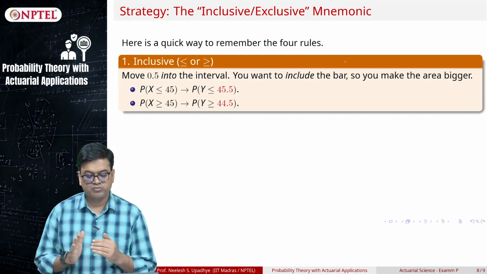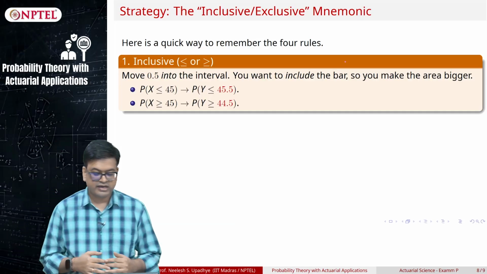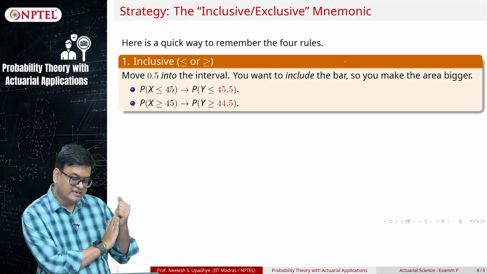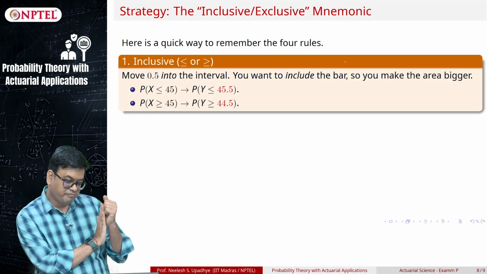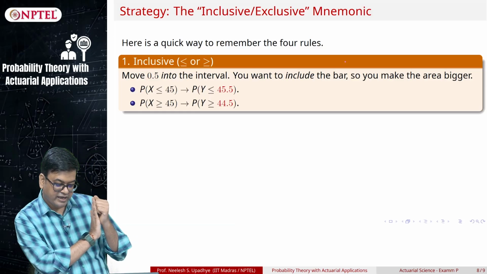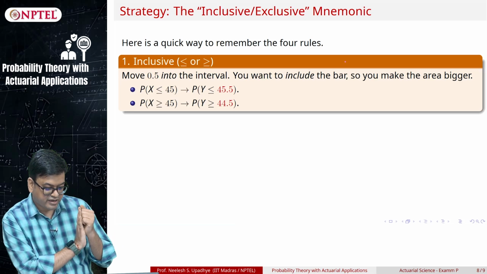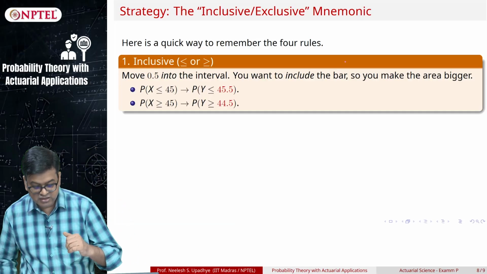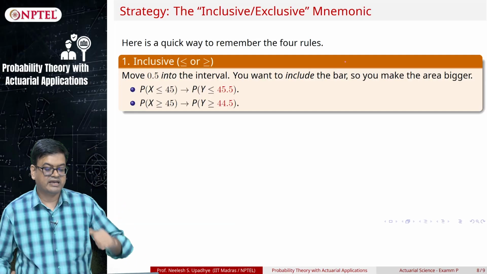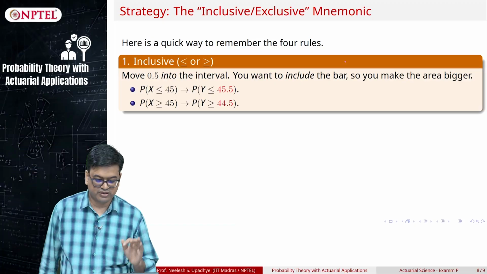So, we are moving inside the interval, right. When it is X greater than or equal to 45, you will step behind, that means Y greater than or equal to 44.5. So, you want to include the bar so that you make the area bigger, that is the actual point that you have to take.